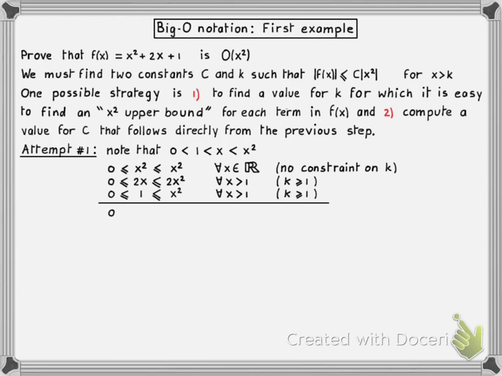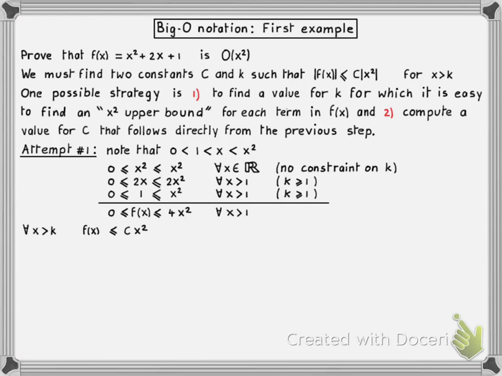In the middle part, we have x squared plus 2x plus 1. That's f of x. And on the right-hand side, we have 4x squared. Now, of course, these relationships only hold if all of these constraints are satisfied. And the most restrictive constraint on x is that x is greater than 1.